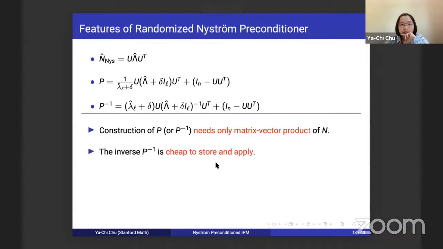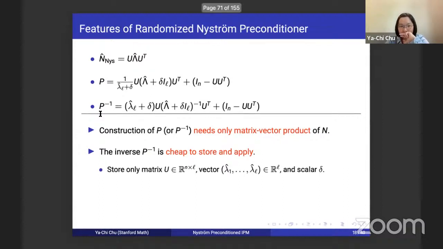Another thing is, if we take a closer look at this P inverse, we could find that it's cheap to store and cheap to apply, because we need to store only the smaller matrix U, which is n times L, and the diagonal entries, which is a vector of length L, and then a scalar delta.